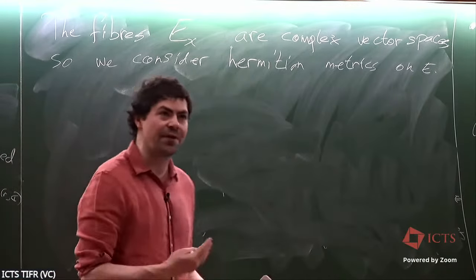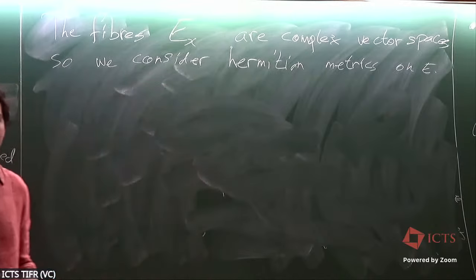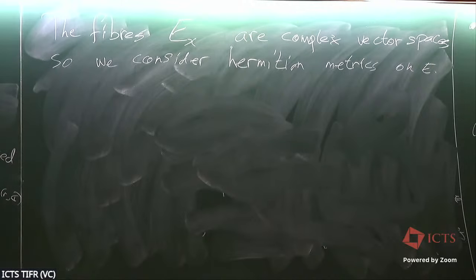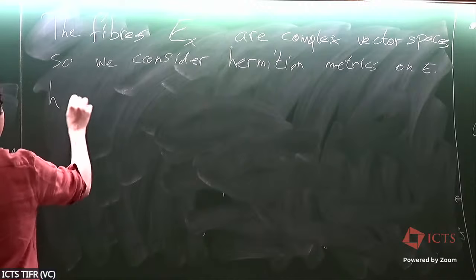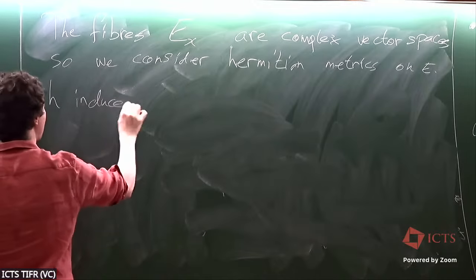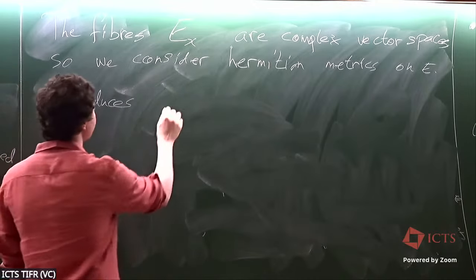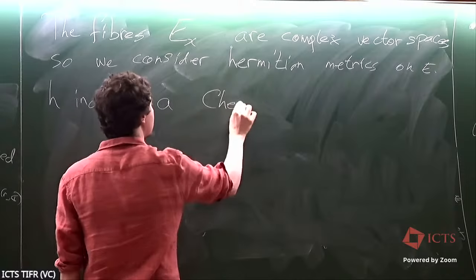Usually in vector bundle worlds, curvature is associated to a connection. So we associate to a Hermitian metric on a holomorphic vector bundle a connection, and then define curvature associated to the connection. A Hermitian metric h induces canonically on this holomorphic vector bundle a Chern connection.